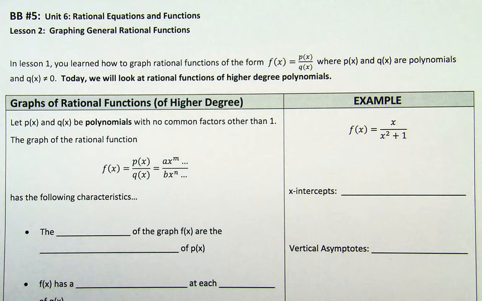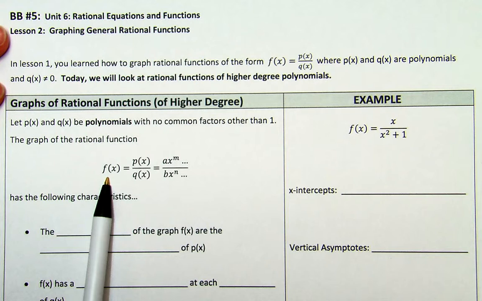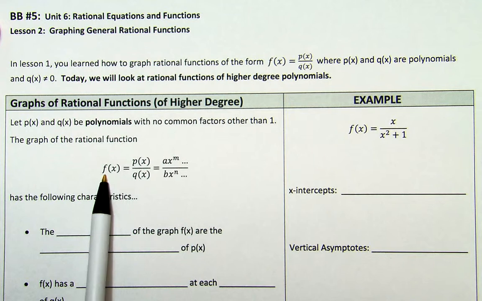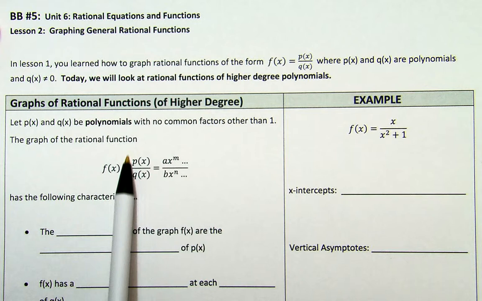So to start us off, rational functions of higher degree polynomials are going to have a little bit of a different look to them. We're going to call this your f of x. You're going to have a polynomial on top divided by a polynomial on bottom.